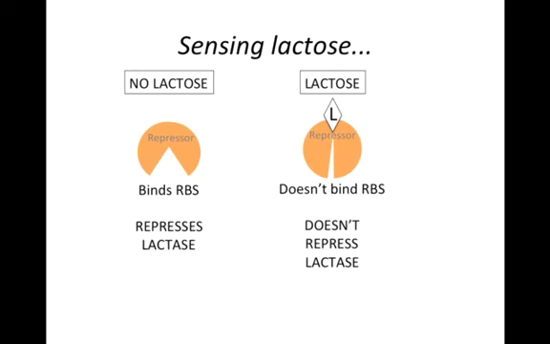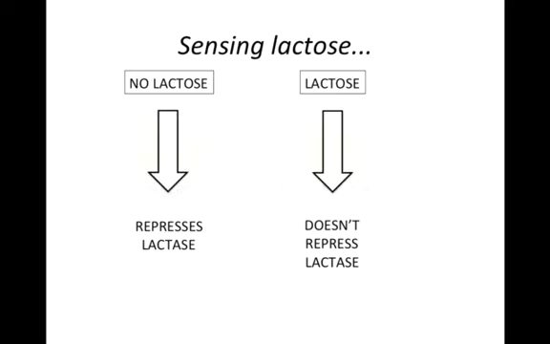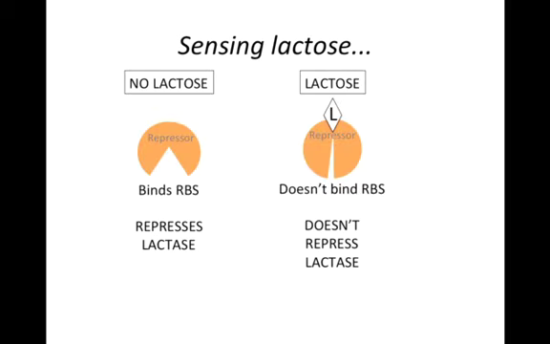So on the left, it represses lactase, and on the right, it does not repress lactase. And so we have the total outcome of the circuit, that lactase is repressed when there's no lactose and not repressed when there is lactose. And we also have the step-by-step logic of the circuit.